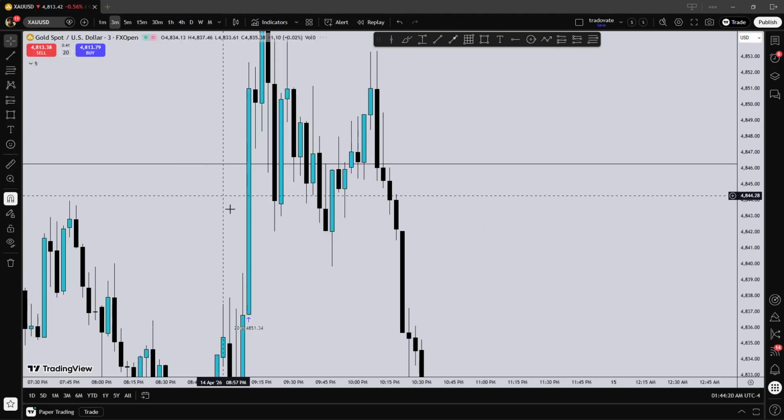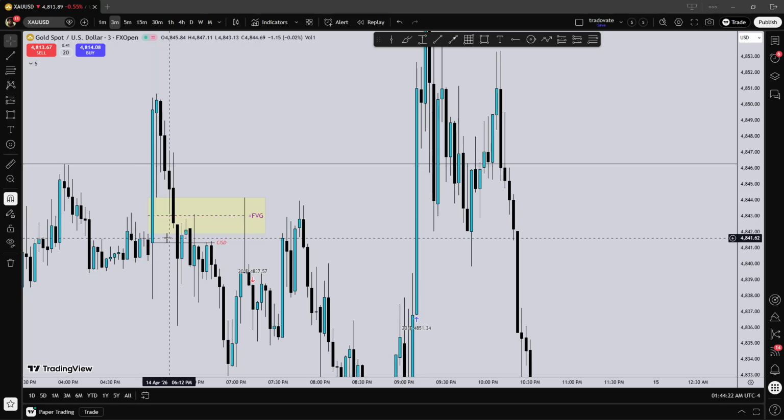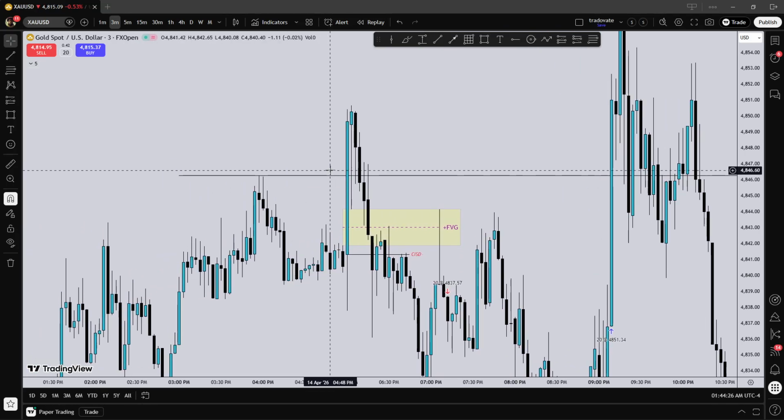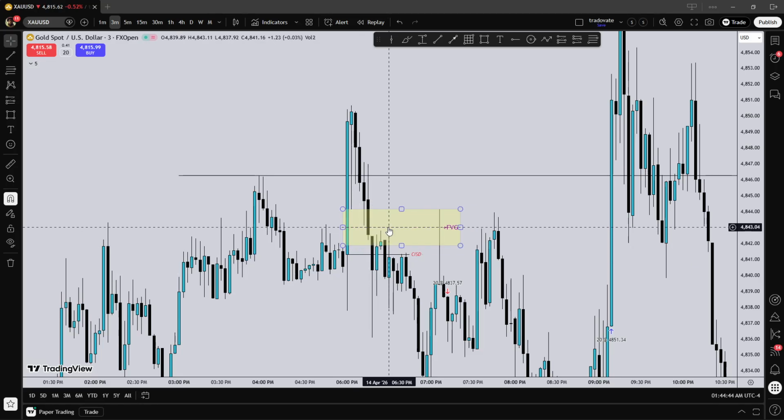Ideally, when I was watching price, I saw that price had pushed up, taking out previous day high and retraced back down to invert the fair value gap that would have taken out the buy side liquidity. Once that was met, since I got an inversion, I'm looking for a change in state of delivery.